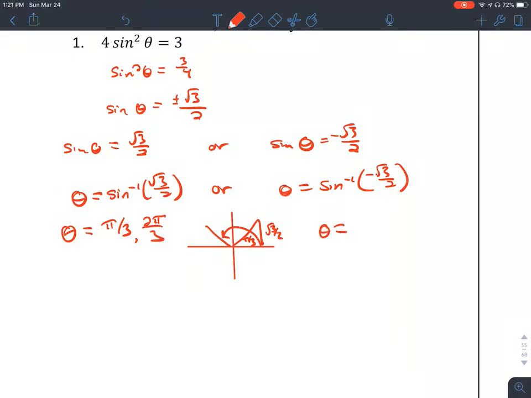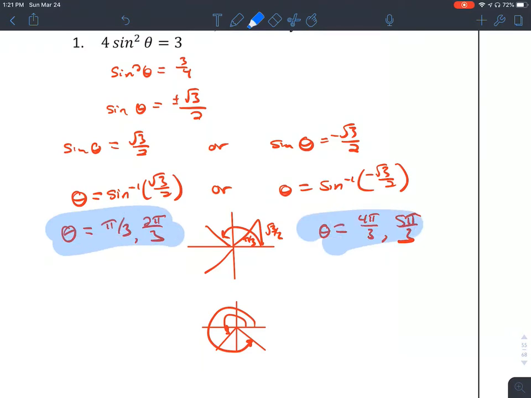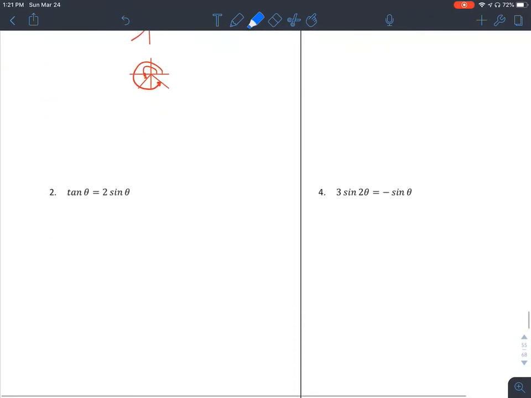And over here, for these angles that are down here, let me redraw a picture for that. This one here is going to be pi over 3 more than pi, which is 4 pi over 3. And then over here, it's going to be pi over 3 short of 2 pi, which is going to be 5 pi over 3. So my four answers are those right there.